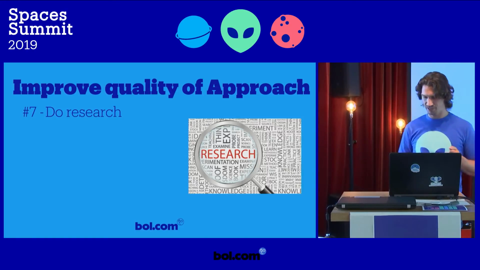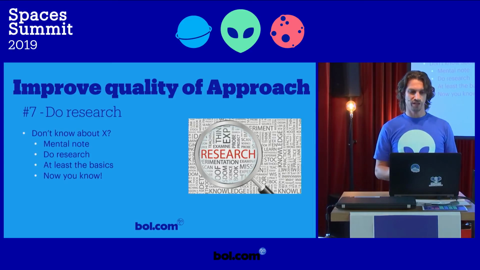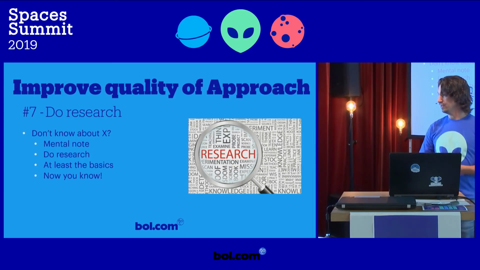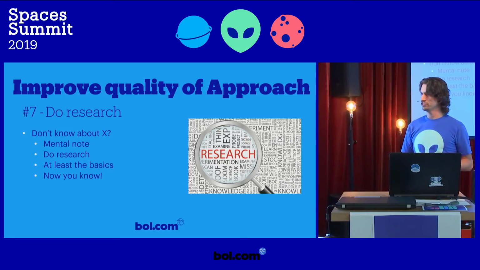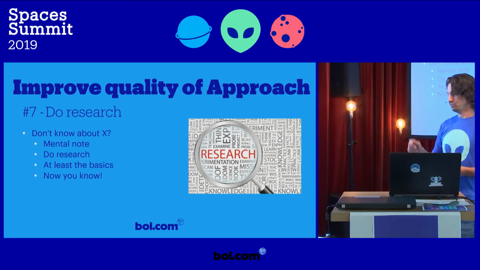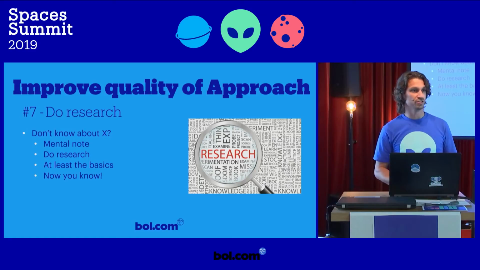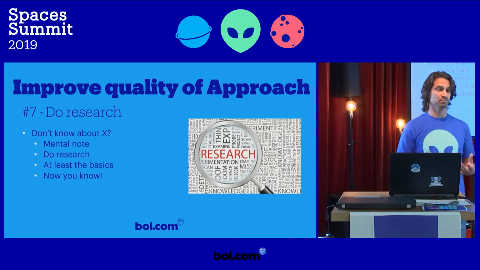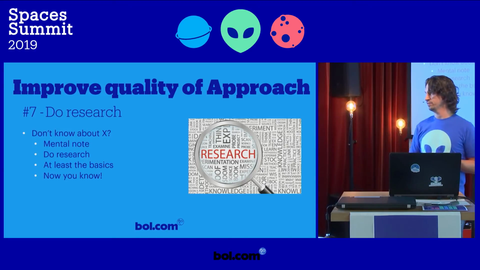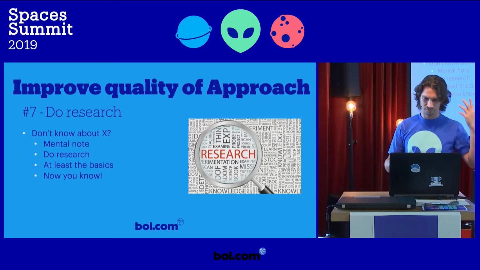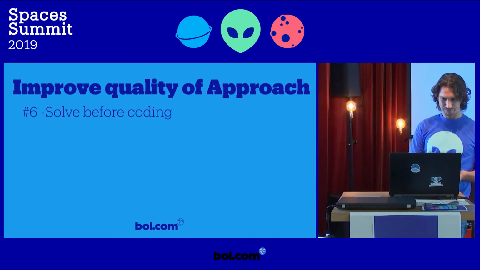I've never heard of that. I advise you to make a mental note of it and then do a little bit of research later. Just quickly Google it, like, hey, what are these Kotlin coroutines? And then the next time you have a meeting, now you know what it's about. That's much better than not knowing and thinking, oh, I have to look that up. So it helps you.